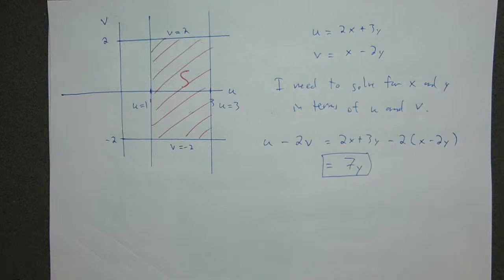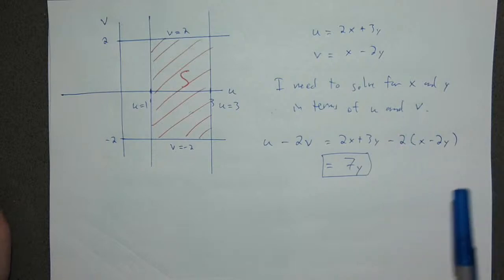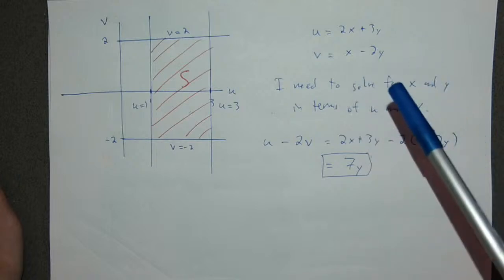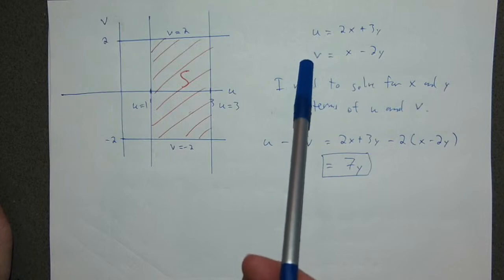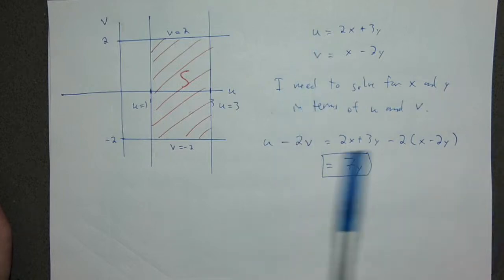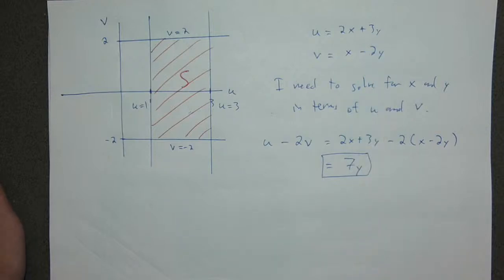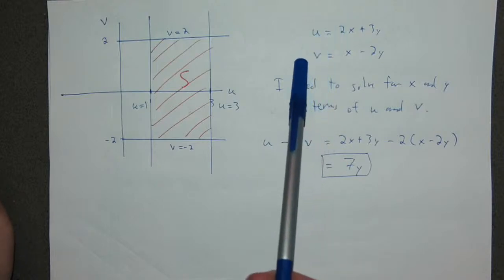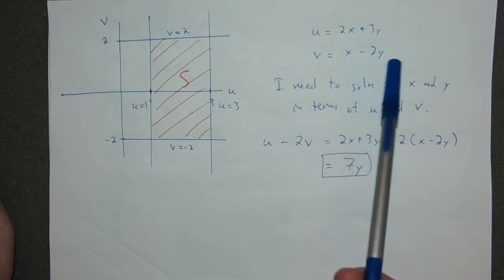And if I want to get a relationship between u and v by eliminating, say, the other variable, well, I could multiply u by 2 and multiply v by 3, so that I would get 6y minus 6y.